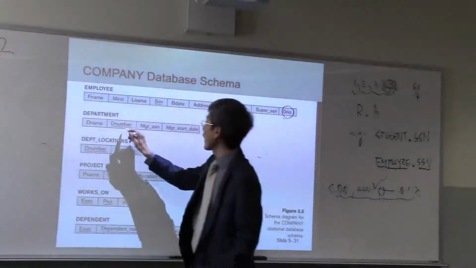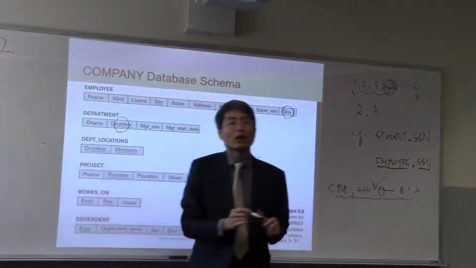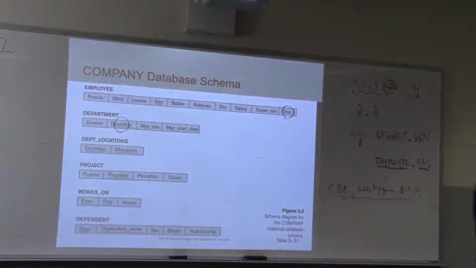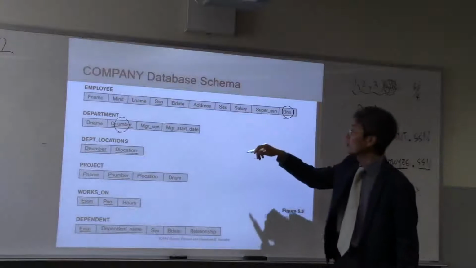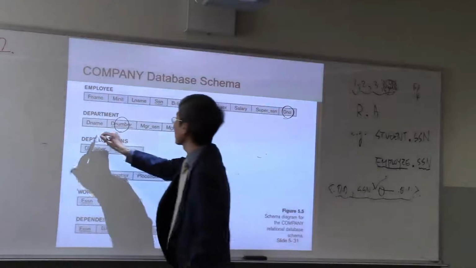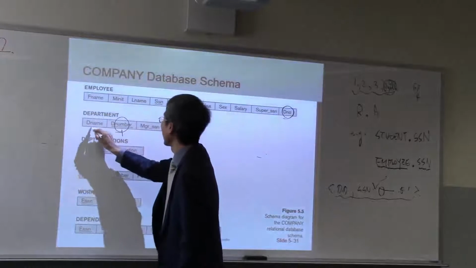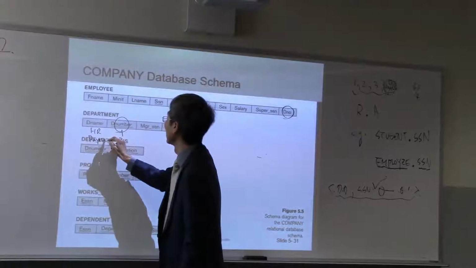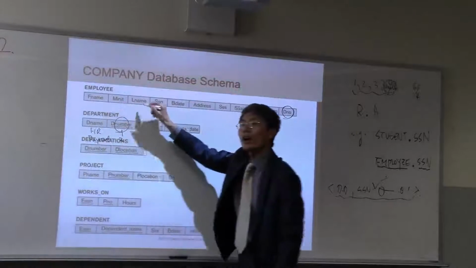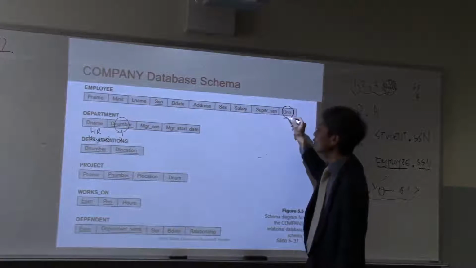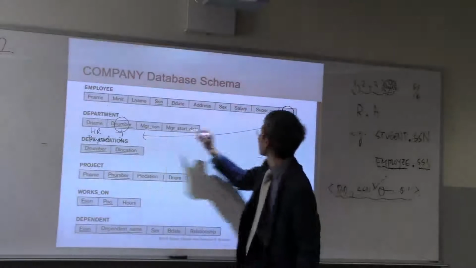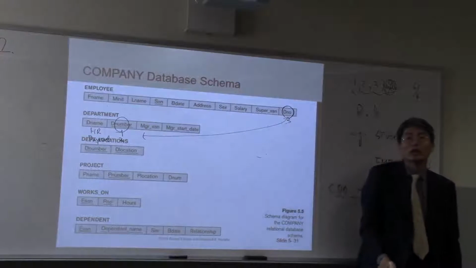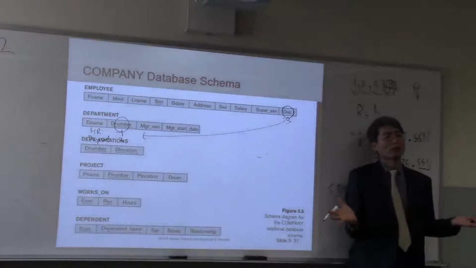The department has the D number as a primary key attribute. At that time, we have department number 1, HR, department number 2, payroll. Is it possible to have an employee who does not belong to these, which means department number 3? No, it's not possible, right?